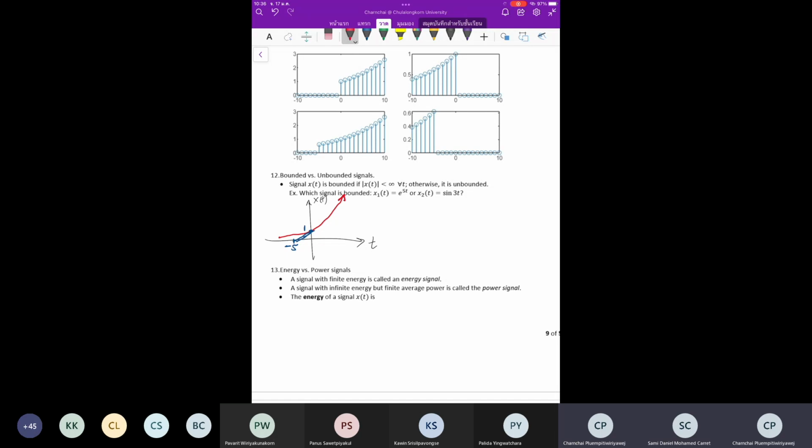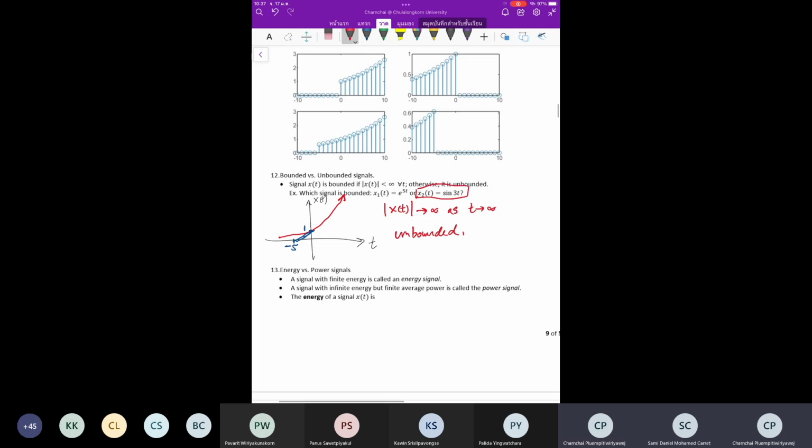The absolute value of x(t) goes to infinity as t goes to infinity. So this signal is unbounded. It's that easy.